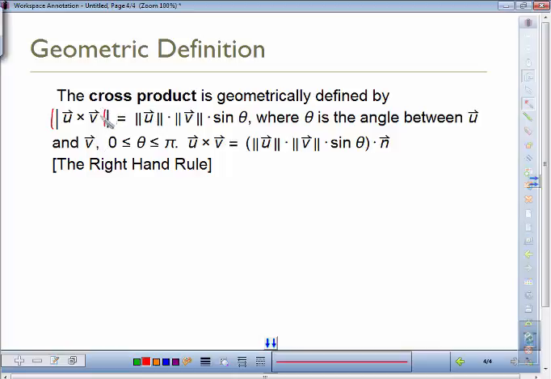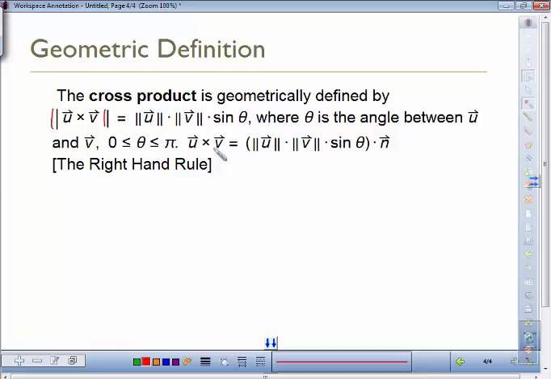So the first thing you notice is that the magnitude of the cross product of two vectors is the magnitude of v, times the magnitude of u, times the sine of the angle between them. But you're not looking at the cross product itself, you're actually looking at the magnitude of the cross product. So that's the first geometry of this. And more importantly, this is where the more important geometry comes up, I think.